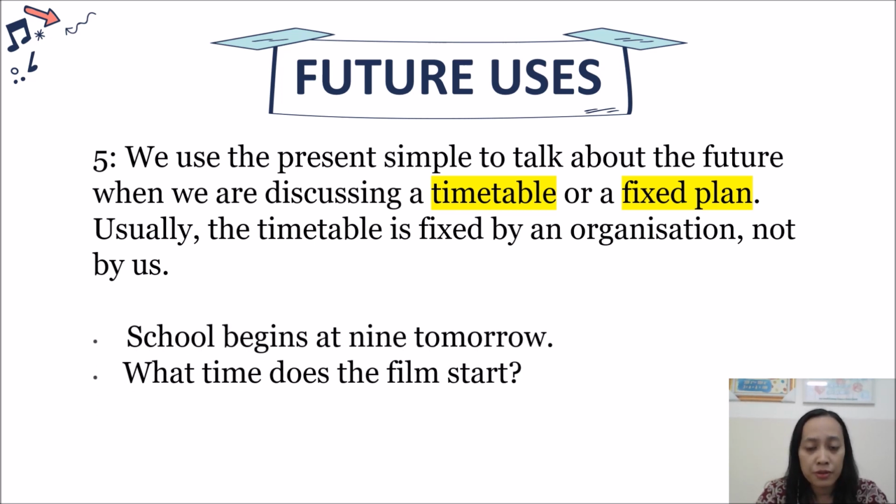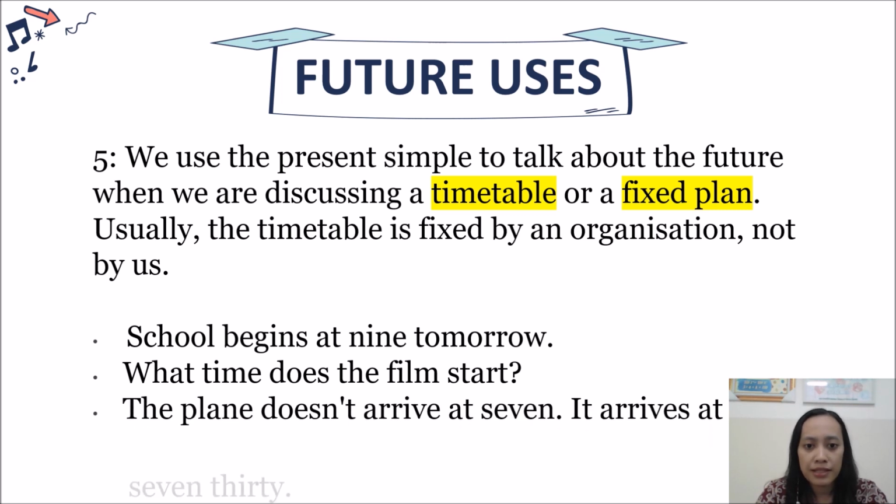What time does the film start? The plane doesn't arrive at 7, it arrives at 7:30. These three examples give us a fixed plan, a future fixed timetable. That's why we also use the present simple in this case.